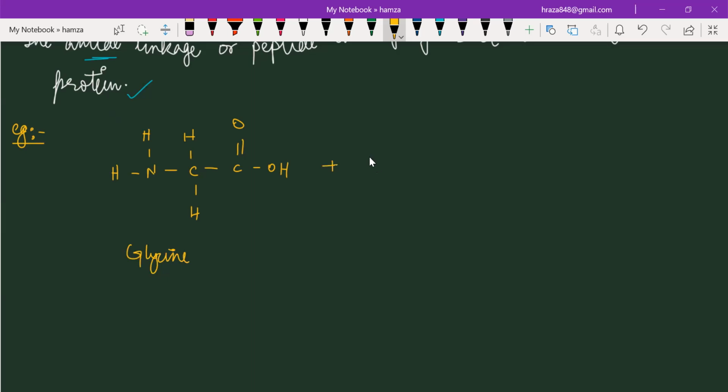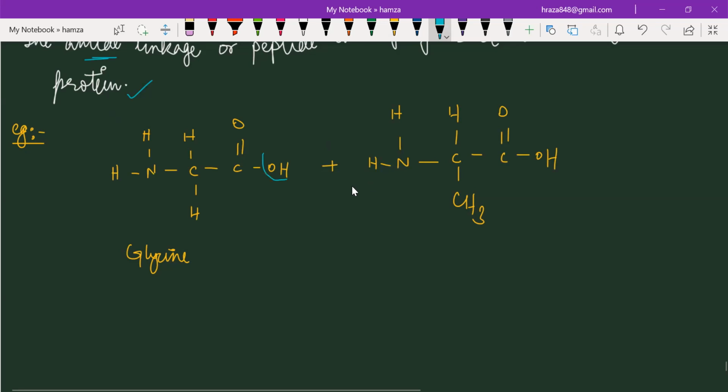And if we are going to add another amino acid, you can see there is H, there is C, and there will be C double bond OH. So there will be removal of water. How will removal of water take place? You are going to remove this water and join this.